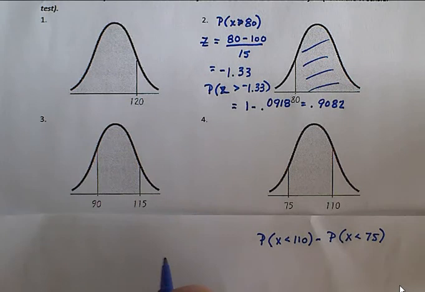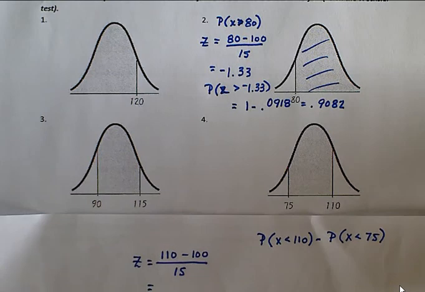So if Z equals 110 minus 100 over 15, I get a z-score of 0.67.